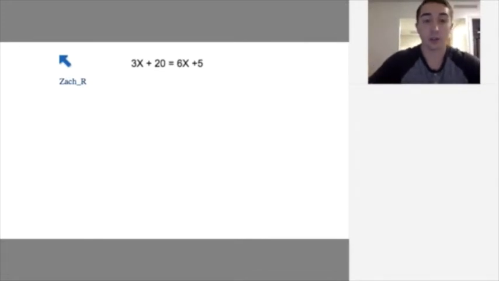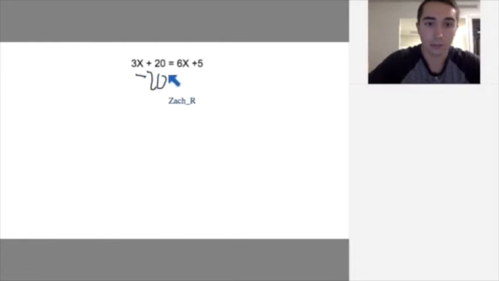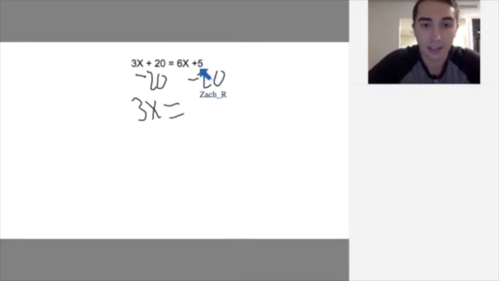So the first thing we want to do is get that by itself. On one side we have 3x plus 20, and to get the x part by itself, we're going to want to take 20 away. After we take 20 away from the left, we get 3x, and when we take 20 away from the right, we're not touching the x part yet.